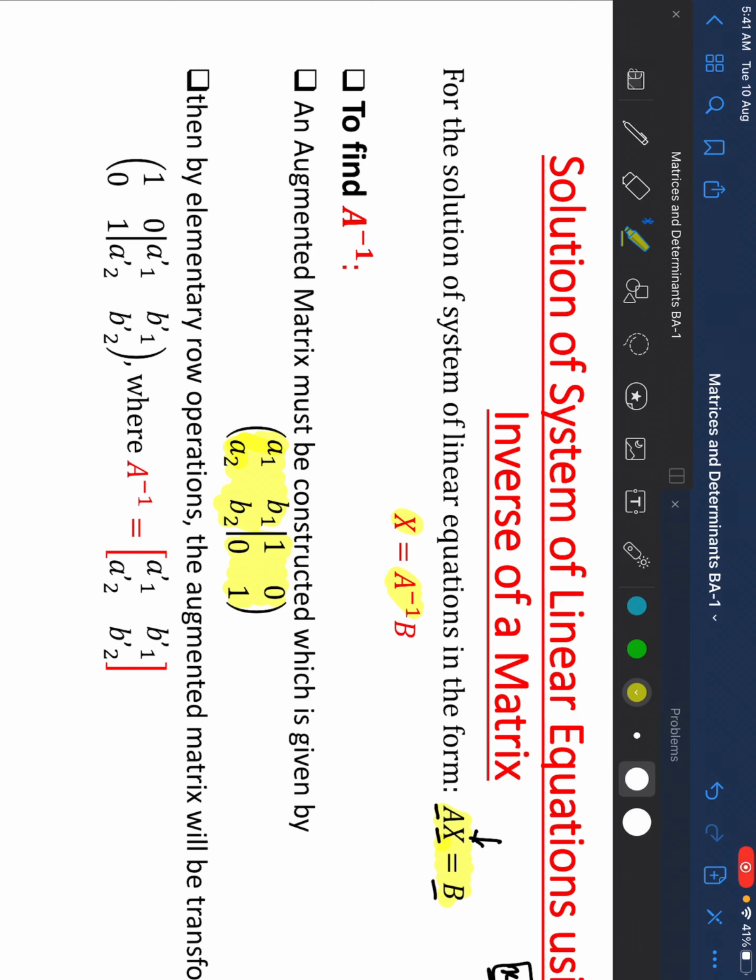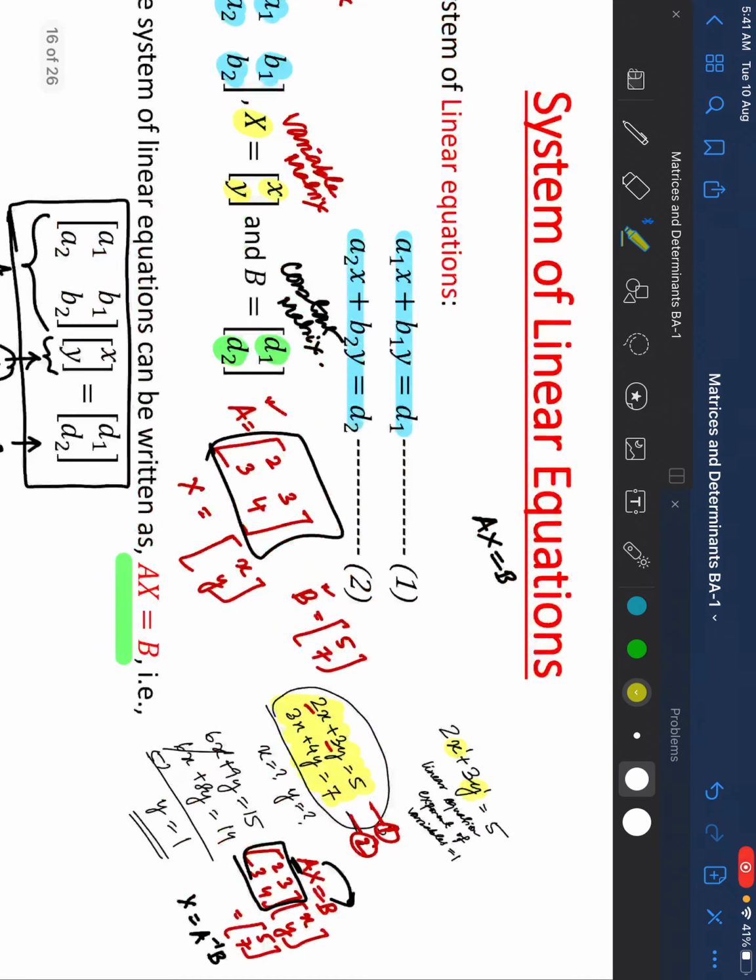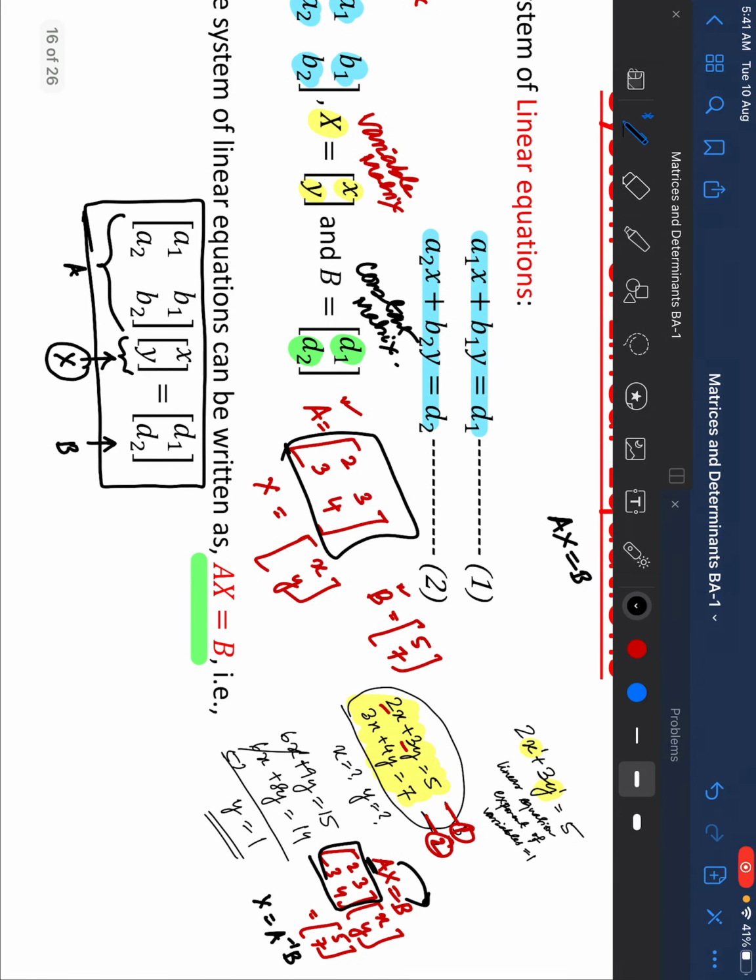So here the augmented matrix will be the elements of A, 2 3 3 4, then slash 1 0 0 1. That's how we form the augmented matrix.